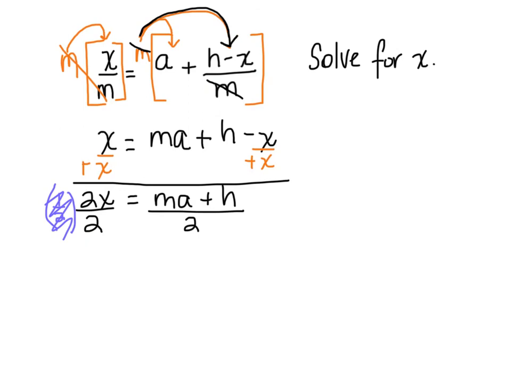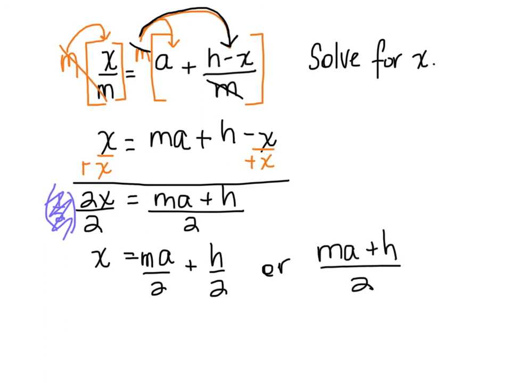I will end up with x equals ma over 2 plus h over 2, or you could leave it for now, ma plus h over 2. I prefer this side, just because when solving for y, for the equation of a line, you want to split it up so you have a slope and a y-intercept.